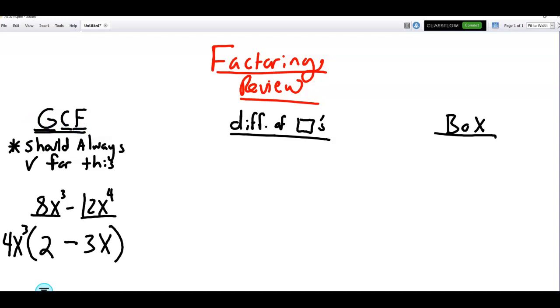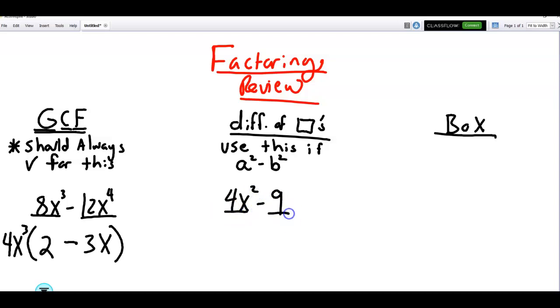All right, let's talk about the difference of squares method. Anytime you have two perfect square numbers being subtracted, you're going to do the difference of squares method. So, for instance, suppose I had 4x squared minus 9.